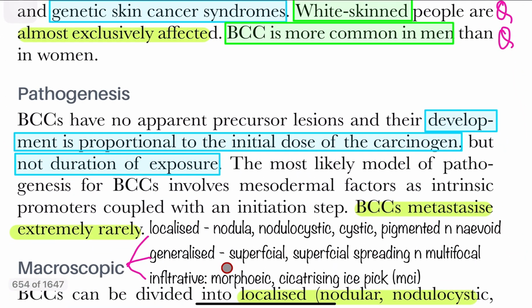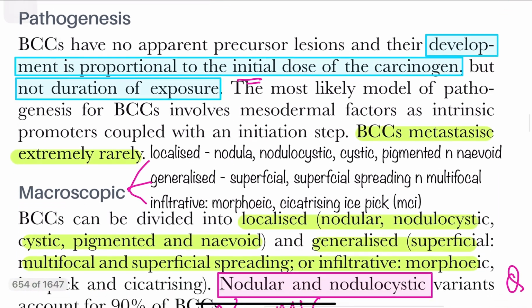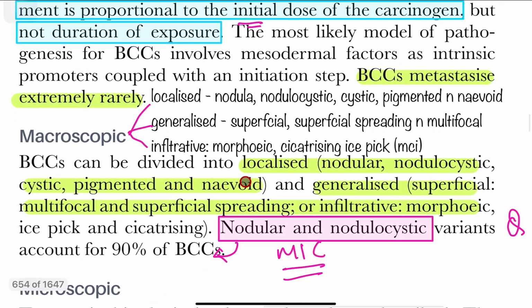And the development of BCC is proportional to the initial dose of carcinogen, not the duration. Okay. They can ask in another way, so you have to remember the initial dose of carcinogen is important, not the duration. Okay. There are types of BCC but not that important.